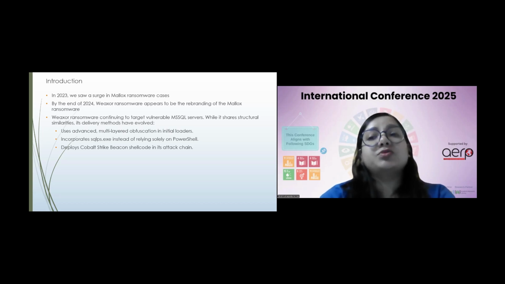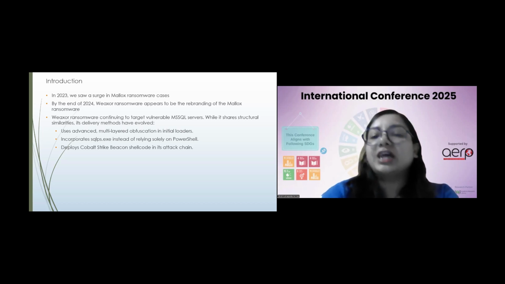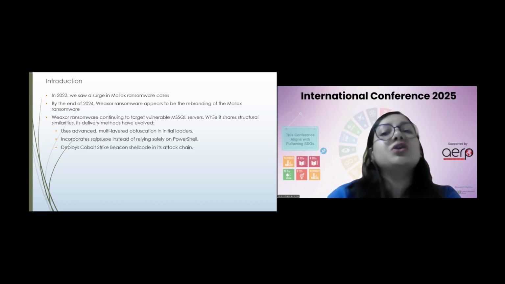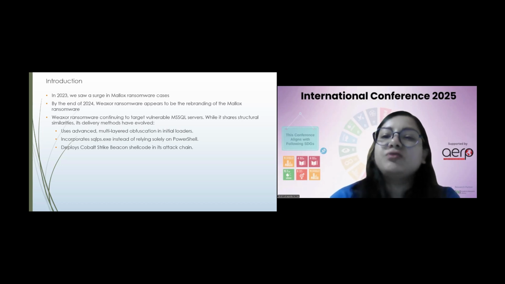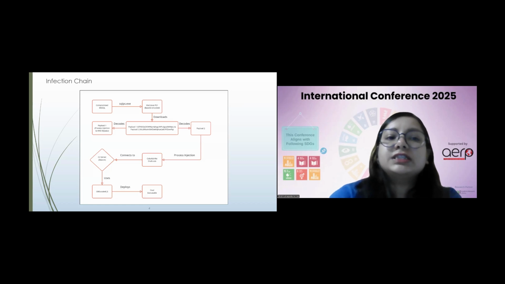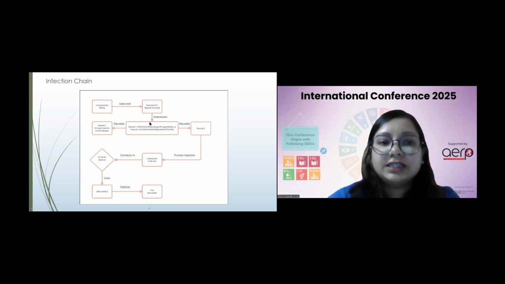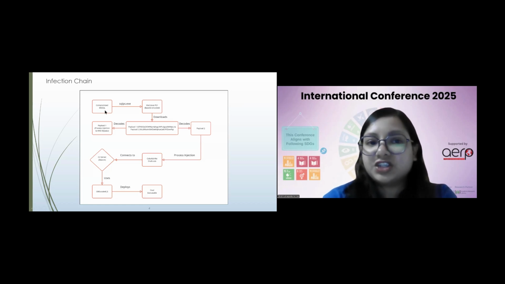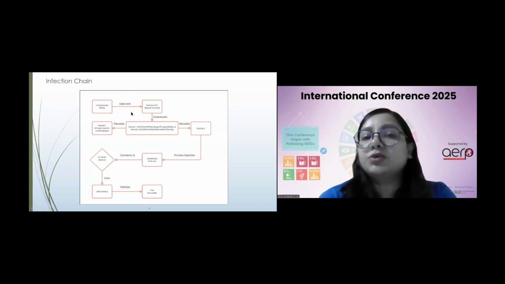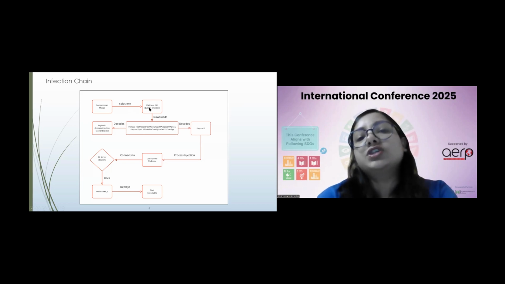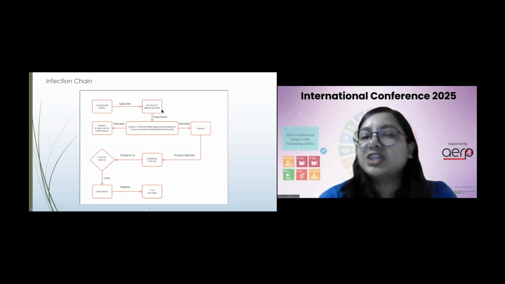And this time, in the case of Weaxor ransomware, we observed that it deployed Cobalt Strike beacon shellcode in its attack chain, which was not observed previously in Mallox. So this is the infection chain. Here you can see that a compromised MS SQL ran the process sqlps.exe, which led to the execution of a malicious PowerShell file that was base64 encoded.